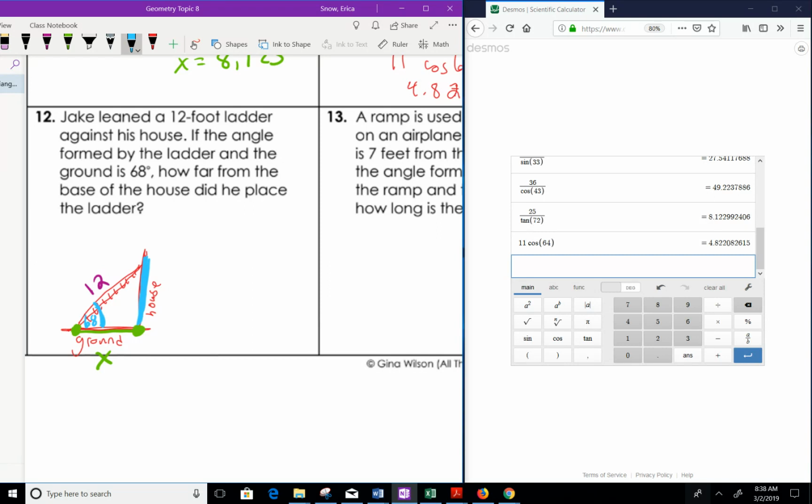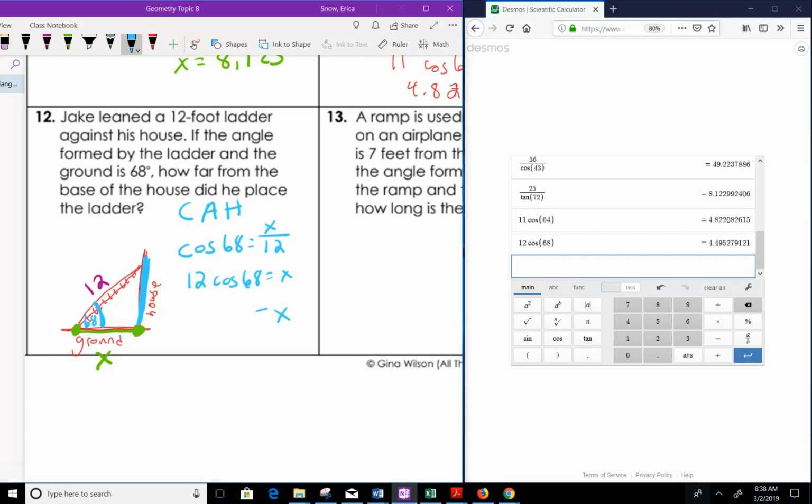So that means that they gave us the hypotenuse, and they're looking for our adjacent side. So we are doing cosine. So cosine 68 is going to equal our adjacent over our hypotenuse. So we have 12 cosine 68 equals x. I'm just going to put it in my calculator.